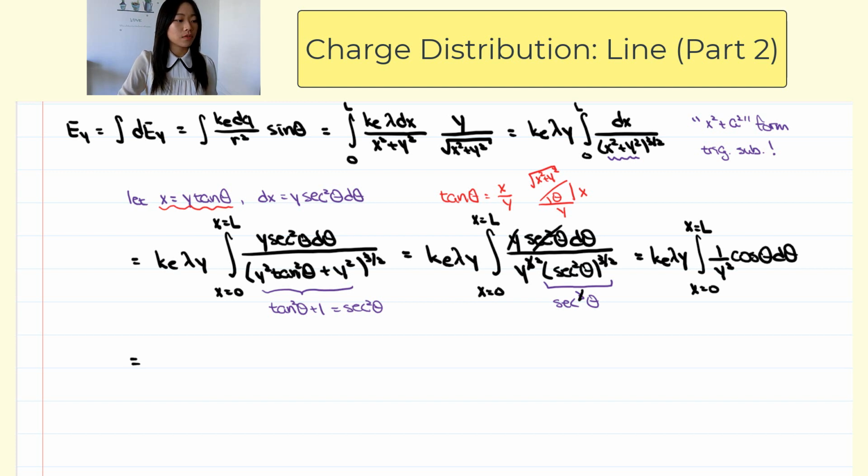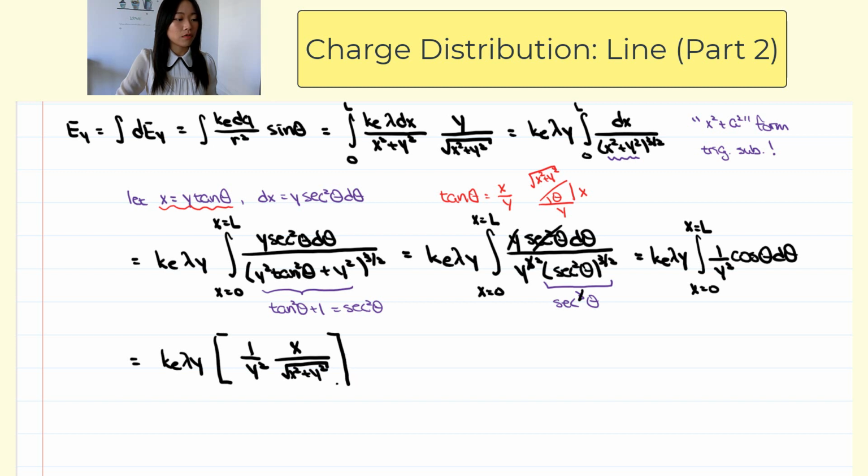And we know that the integral of cosine theta equals sine theta. So this equals Coulomb's constant times lambda times y. And the result of the integral is 1 over y squared times sine theta. Then we use the triangle in red to replace the sine theta, which is opposite divided by the hypotenuse. So x divided by the square root of x squared plus y squared.